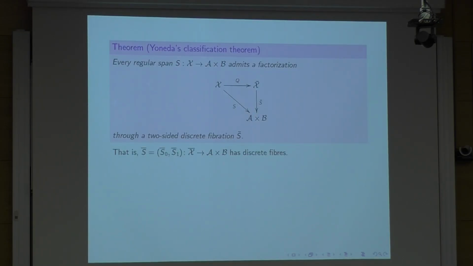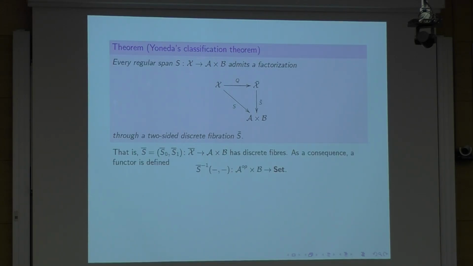Okay, so what is the main result of the first part of this paper? It's just a modern version of this theorem that Yoneda called the classification theorem. If you start with a regular span S, from X to A times B, then you can factorize such a span through a two-sided fibration S bar with discrete fibers. So a two-sided discrete fibration S bar.